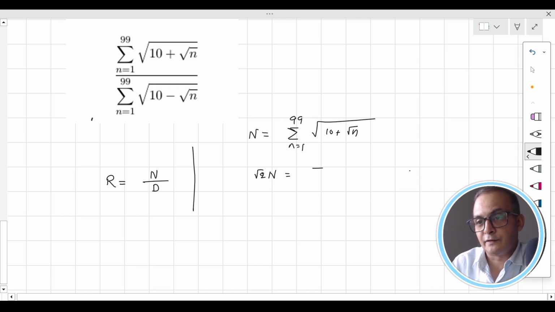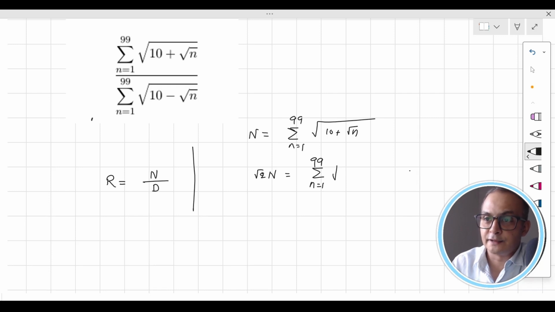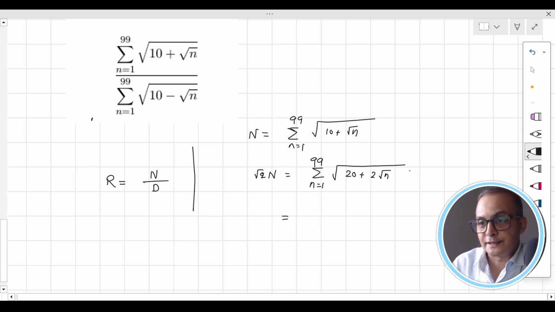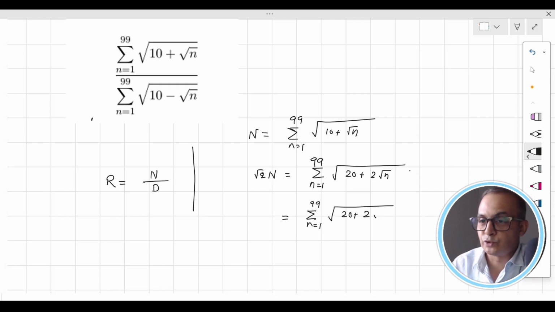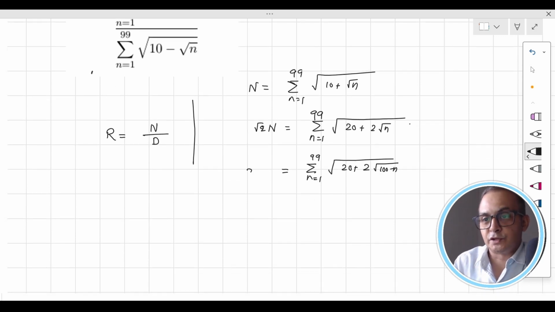And here I will get summation n goes from 1 to 99 and this is nothing but 20 plus 2 times root n. Again, since I know that to make the perfect square, I have to apply that so-called King's property. So that is going to be 2 times square root of 100 minus n, and again this perfect square will come there. So this is root 2 N, capital N by the way.